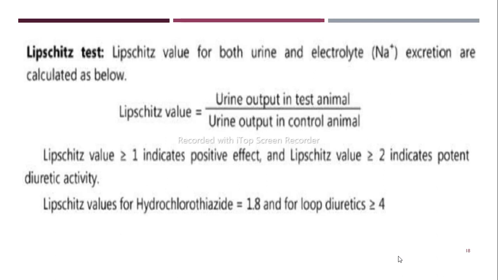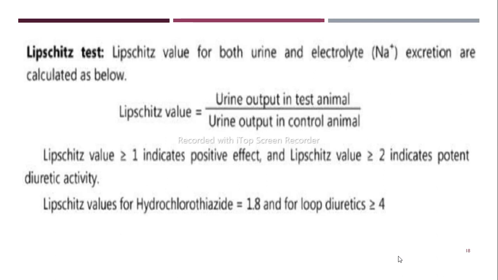The Lipschitz value is equal to urine output in test animals divided by urine output in control animals. If the Lipschitz value is greater than or equal to 1, it indicates a positive effect, and a Lipschitz value greater than or equal to 2 indicates potent diuretic activity.